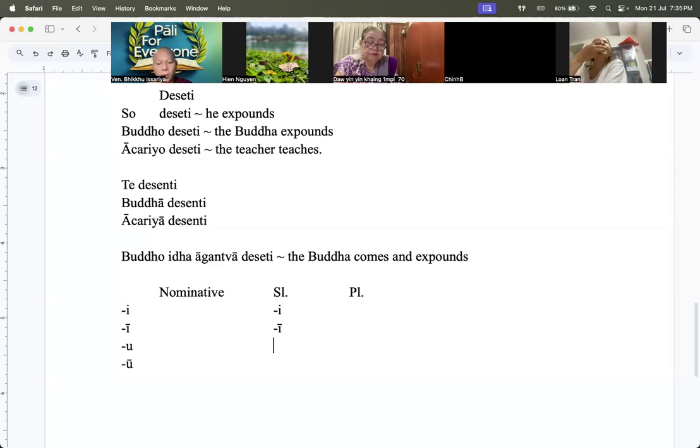In plural, so U, sorry, in the singular, U also not changing. Let's see, just the same as the O one, E, U, in this way. E, U. But for plural, the first one is becoming like a, up.